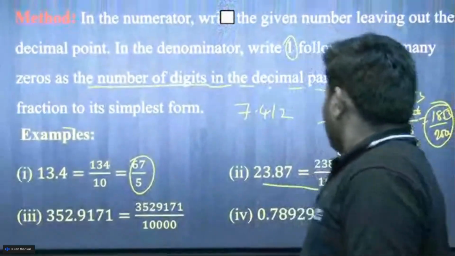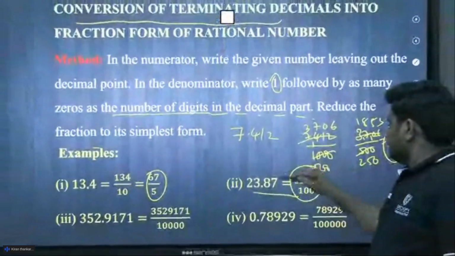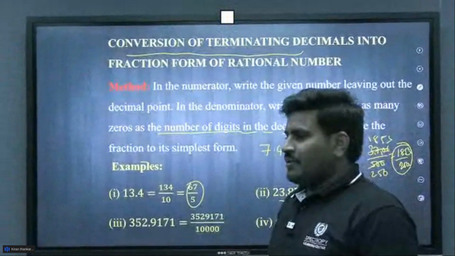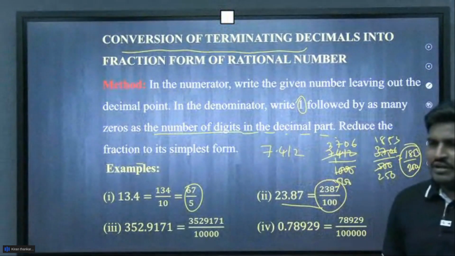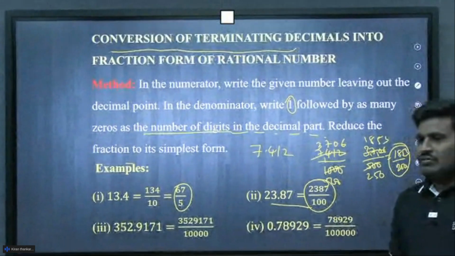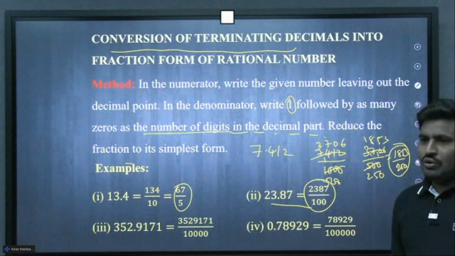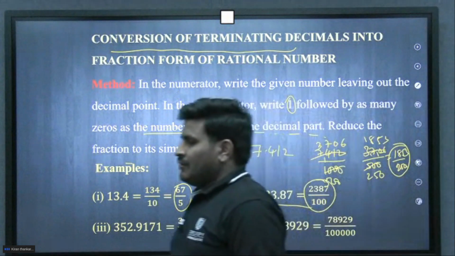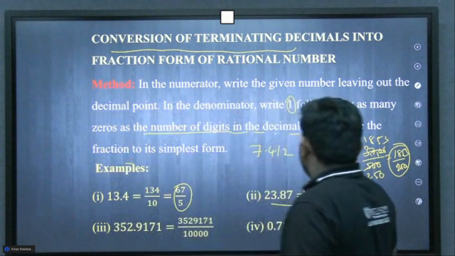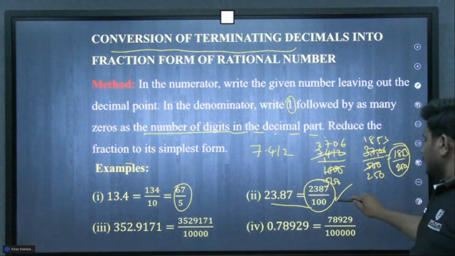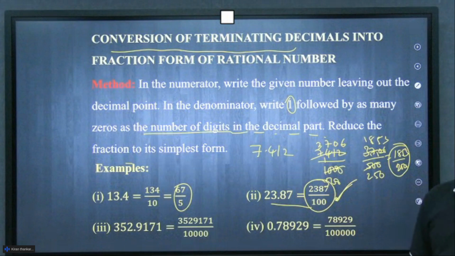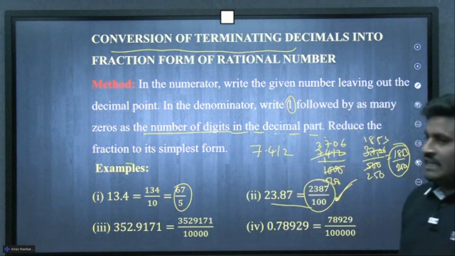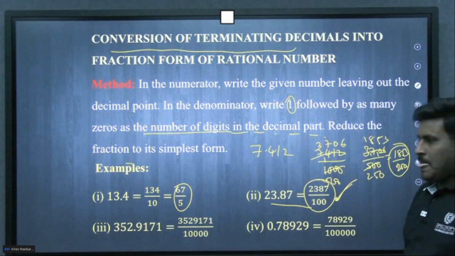Is it possible to simplify? The numerator is an odd number, and 100 would need the numerator to end in 0 or 5, so it is not possible. The final simplest form is 2387 by 100.